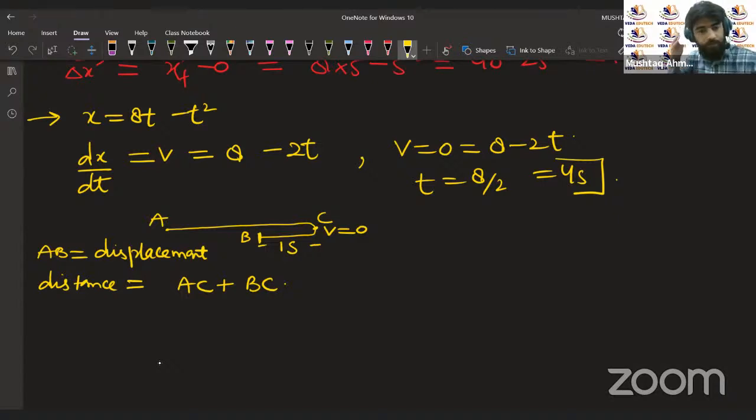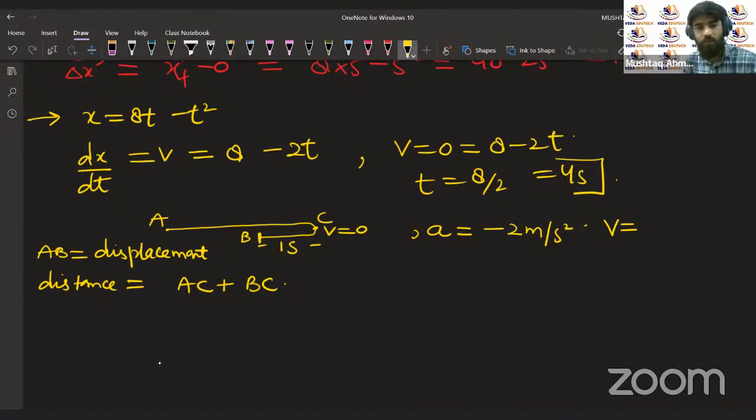If we calculate the acceleration of this particle, the acceleration is going to be equal to minus 2 meter per second square. So minus 2 meter per second square is going to be the acceleration. We can also calculate the velocity after time 5 seconds.